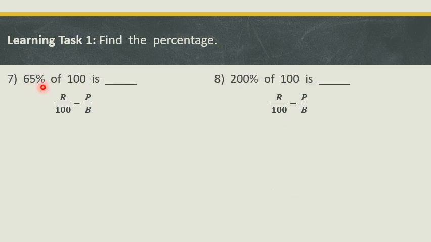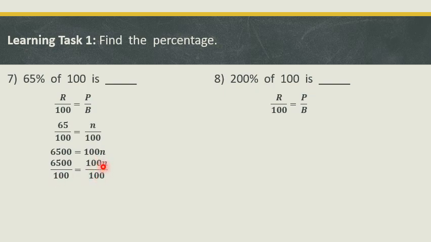Then, for number 7, we have 65% of 100 is blank. Ang 65% is our R, 100 is our base. So, 65 over 100 equals N over 100. Then, cross multiply. 65 times 100 is 6,500. 100 times N is 100N. Then, divide both sides by 100 kasi yun yung katabi ng N. Hindi laging 100 ang dinidivide natin, ha?